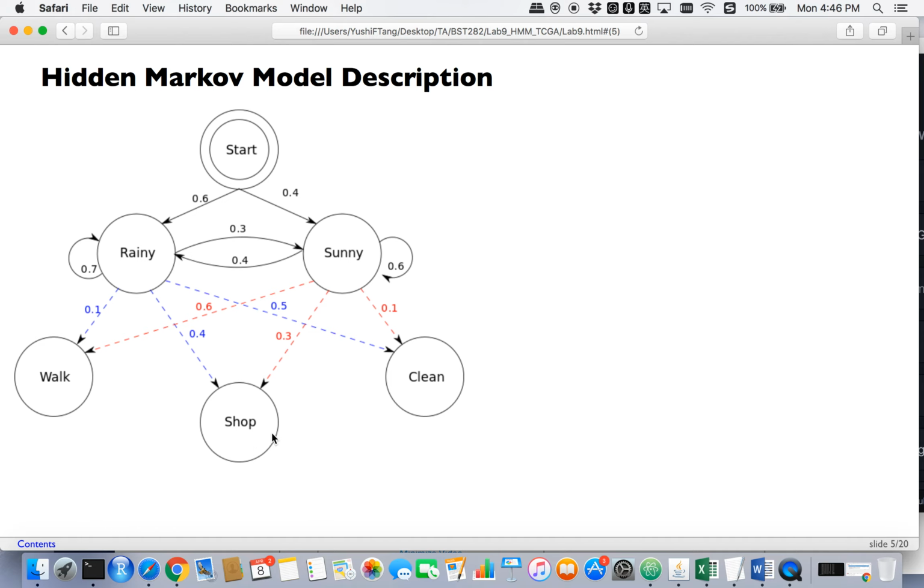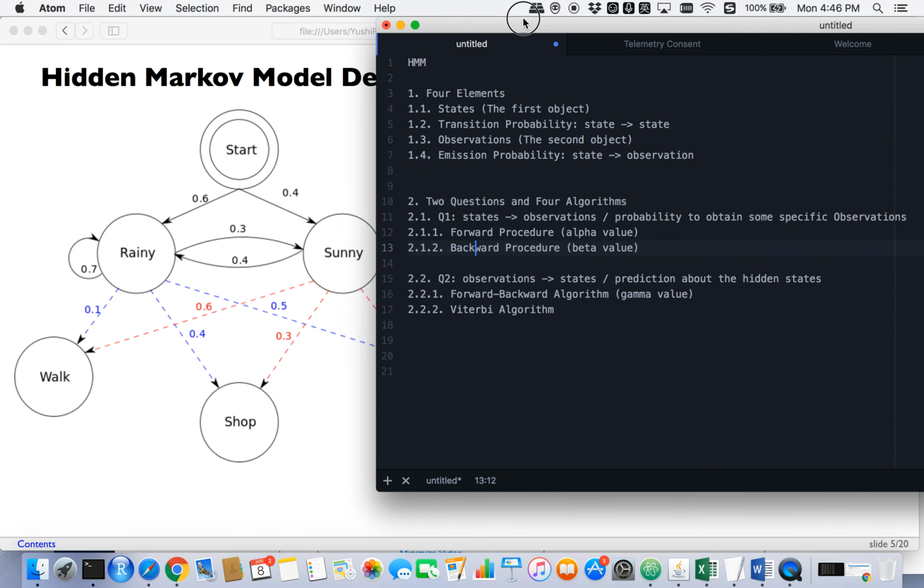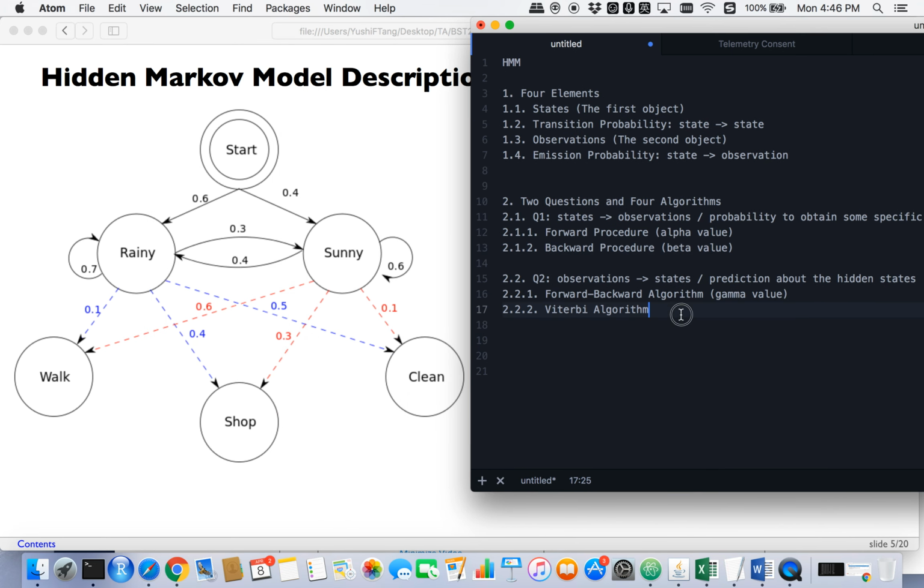The first example we encountered in the first part is about the weather, and based on the weather, predicting the actual activities of some specific guy on some specific day. The setting is that on Monday, Tuesday, and Wednesday, we have different chances of observing a rainy day and a sunny day.